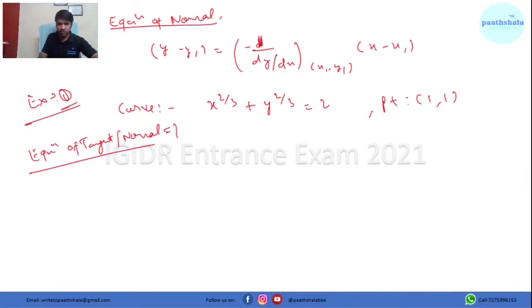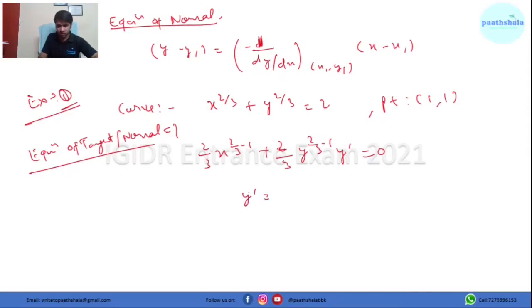First, we'll differentiate this curve with respect to x. This comes out to be 2 by 3 x to the power 2 by 3 minus 1, plus 2 by 3 y to the power 2 by 3 minus 1 times y dash, and on the right hand side the differentiation is 0. We can take 2 by 3 as common and shift it to the right hand side, and it becomes 0.